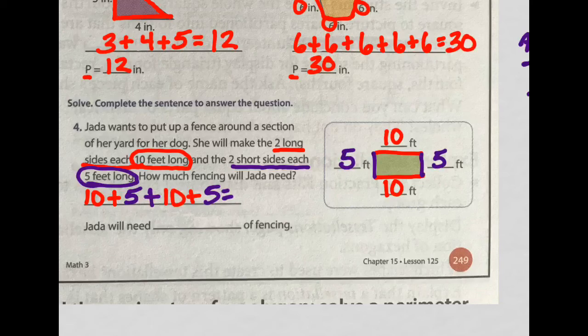That's all. Just all the sides. Make sure you add them all. Okay. Another thing you can do is you can start here with a number and then just say 5 plus 10 plus 5 plus 10 and then get your answer. Whatever works for you. So what is the answer? How much fencing is she going to need?